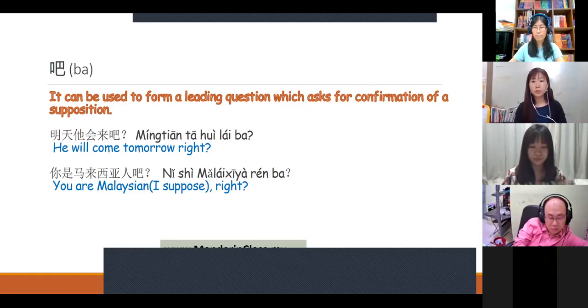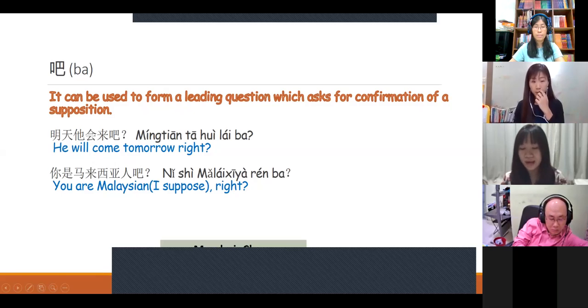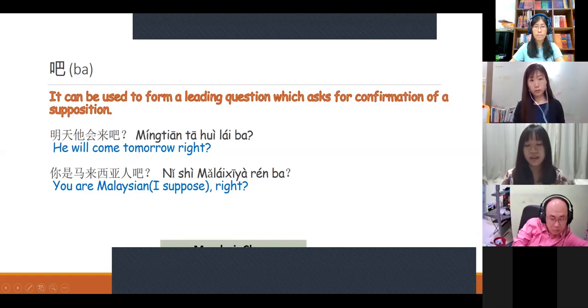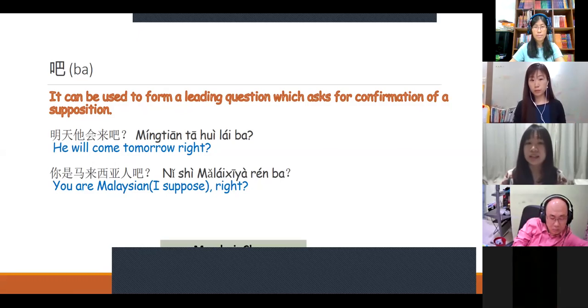So we look at the example below. 明天他会来吧. He will come tomorrow, right? So this question is different from asking, will he come tomorrow? 他会来吗 is a little bit different. 你是马来西亚人吧?